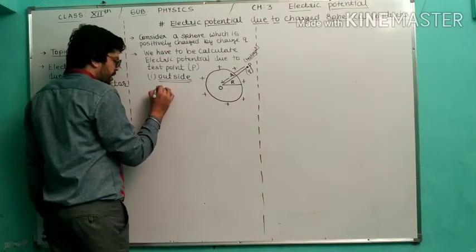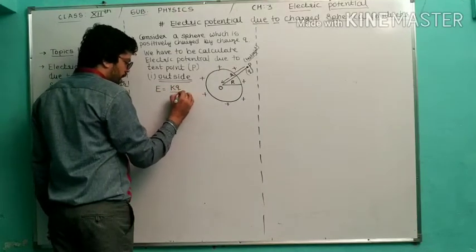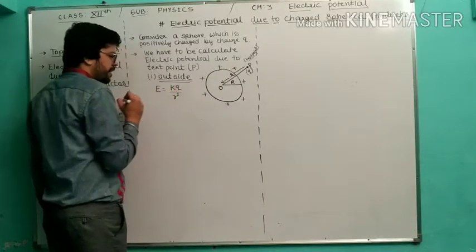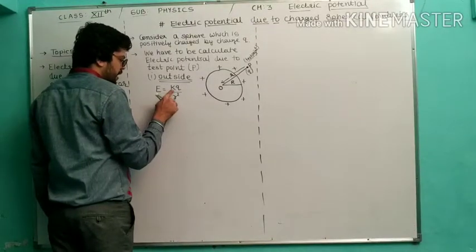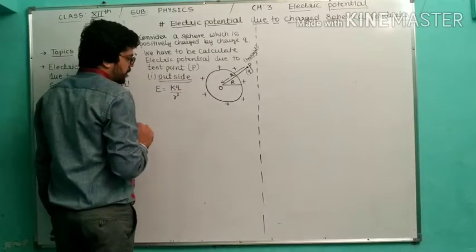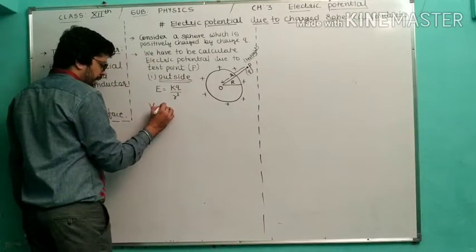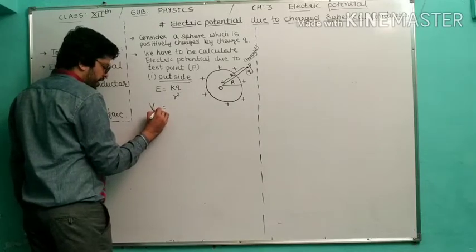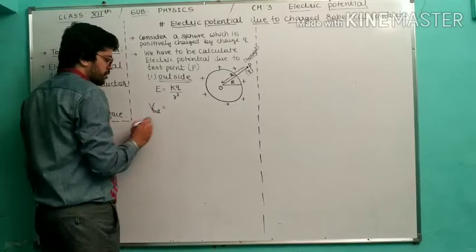Now you know very well the basic formula of electric field is KQ upon R square. This is the very basic formula, the magnitude of electric field is KQ upon R square. Now we have to find out electric potential, and this electric potential is outside, so I am writing in short V out.